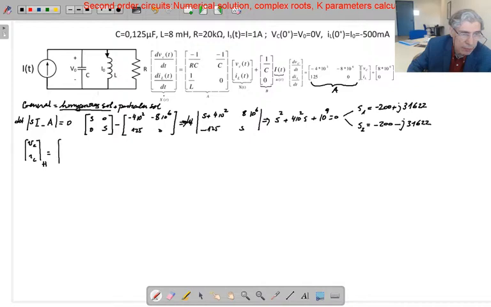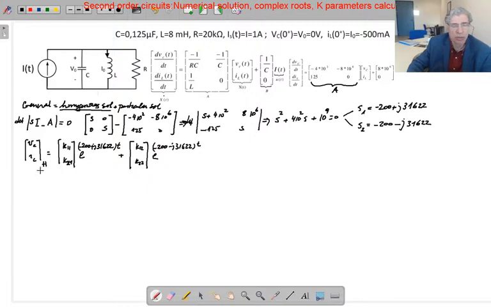It's going to be like that: K11 e to the power minus 200 plus j 31 622 t plus K12, the complex conjugate of this, e to the power minus 200 minus j 31 622 t. That is the homogeneous solution.